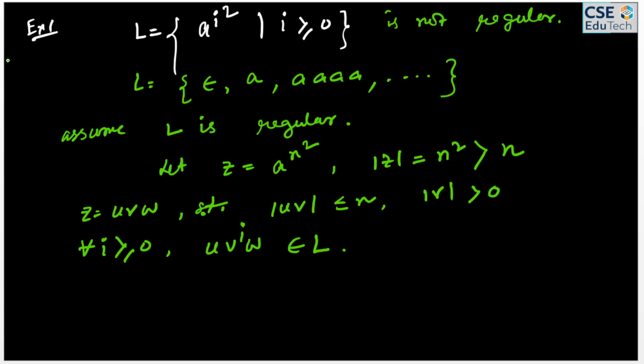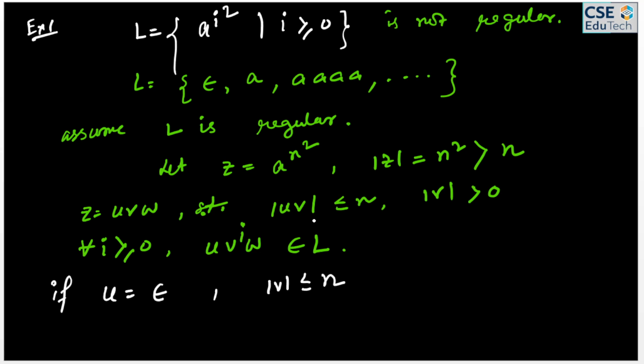Now, u may be any string. So we assume that u is a string of length 0, that is, u is equal to epsilon. So if u equals epsilon, what will v be? Obviously the length of v should be less than or equal to n.